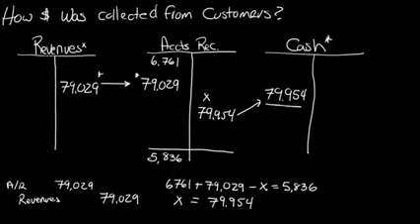And there is the answer to my question. How much cash was received from customers for the year? 79,954. All right. In the next video, we'll do a similar question with regard to cost of goods sold.